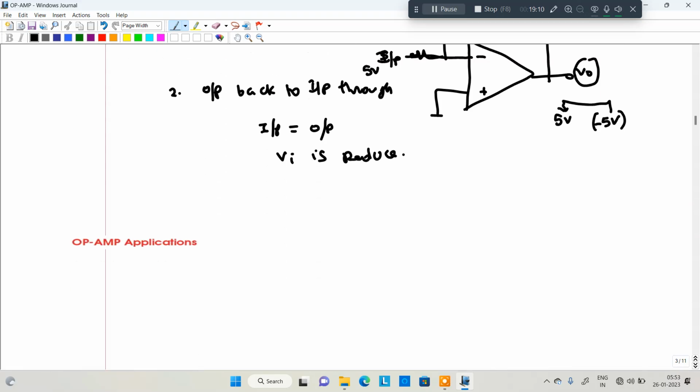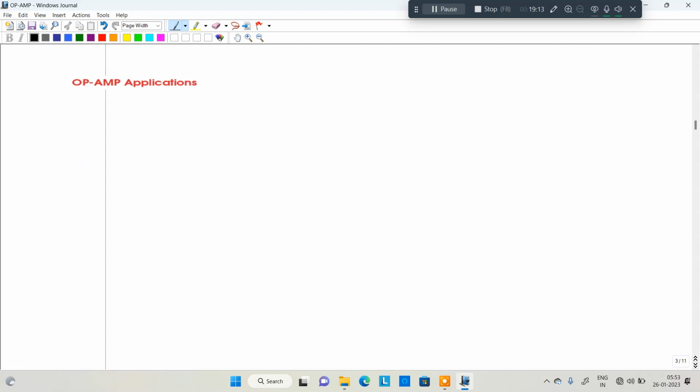Okay, that is enough for discussion. Now we are moving to the op amp applications, very, very important. In our syllabus, based on that, I am going to mention 7 applications. The first application is scalar or linear constant gain.